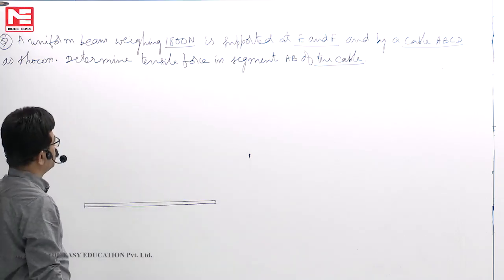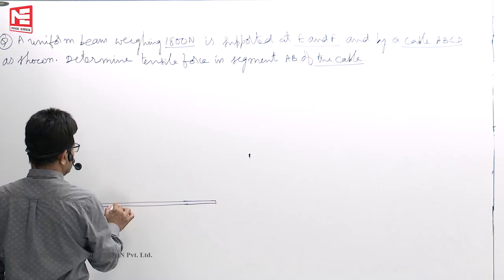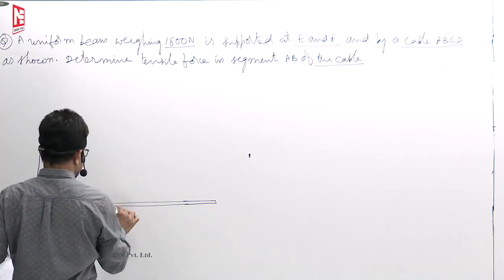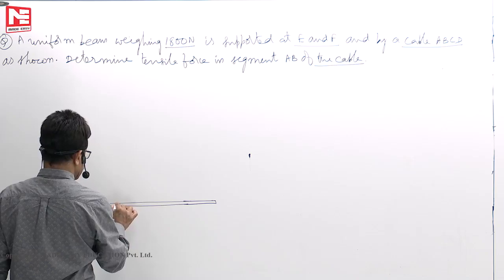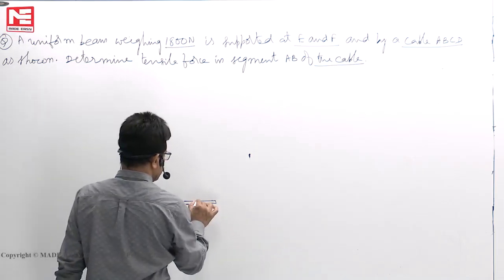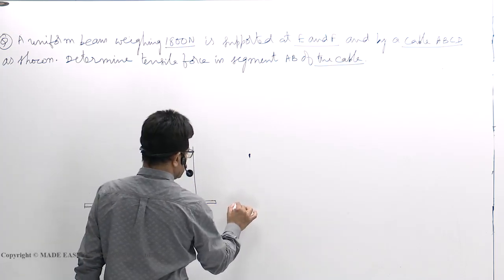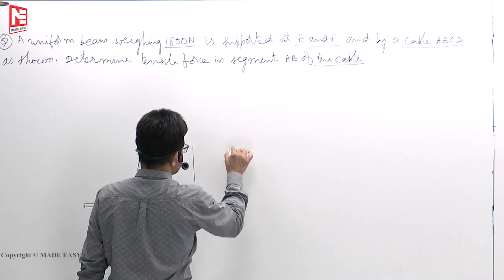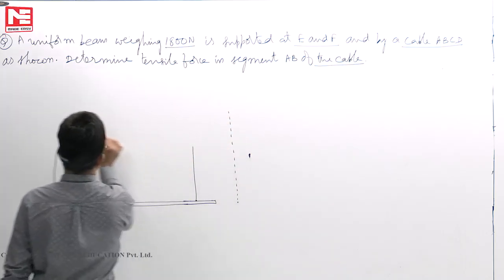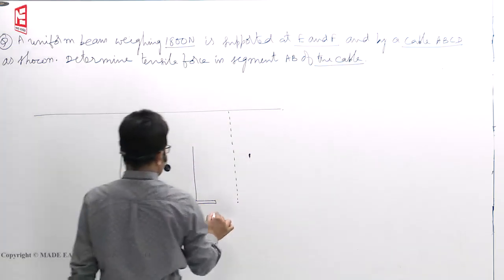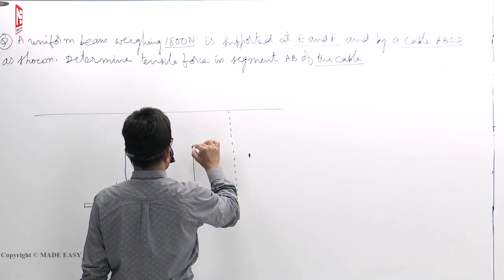This is one uniform beam weighing 1800 Newton. Now this length here is 1 meter. Here it is 1 meter like this, 0.5 meter here like this, another 0.5 meters like this. This is a cable.